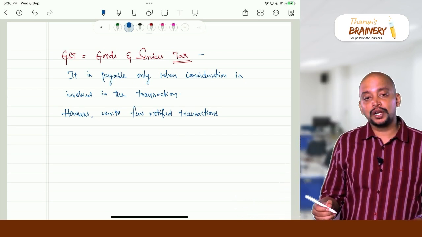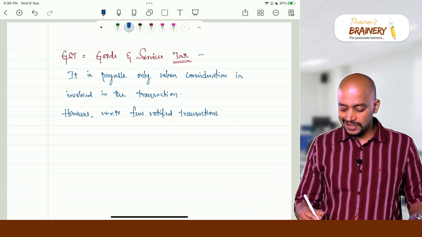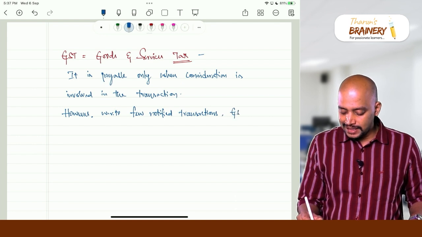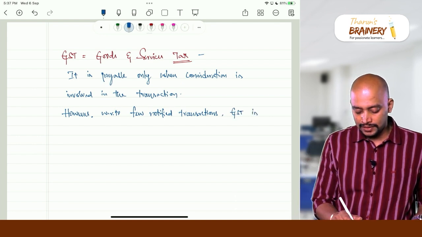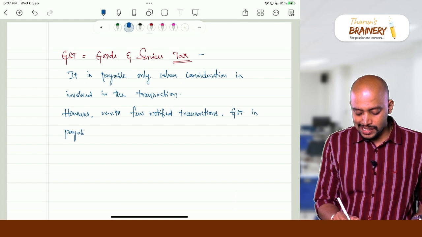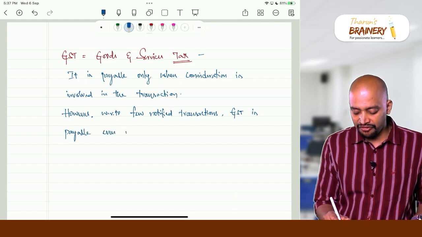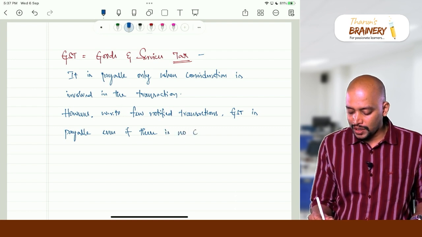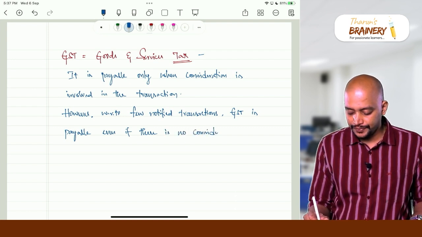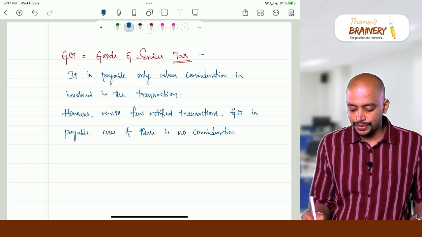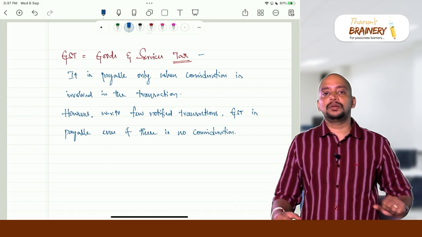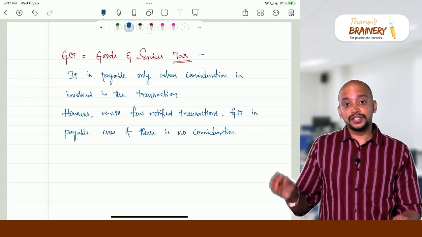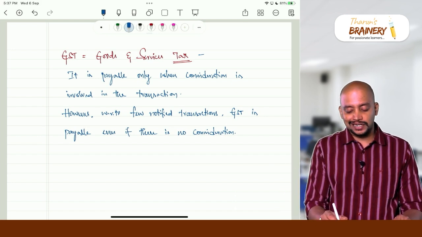However, with respect to few notified transactions, GST is payable even if there is no consideration. Even if there is no consideration, GST will be payable. So that is with respect to few notified transactions.